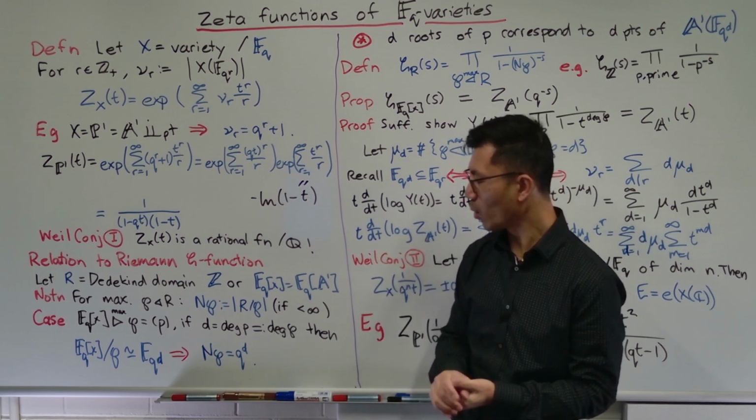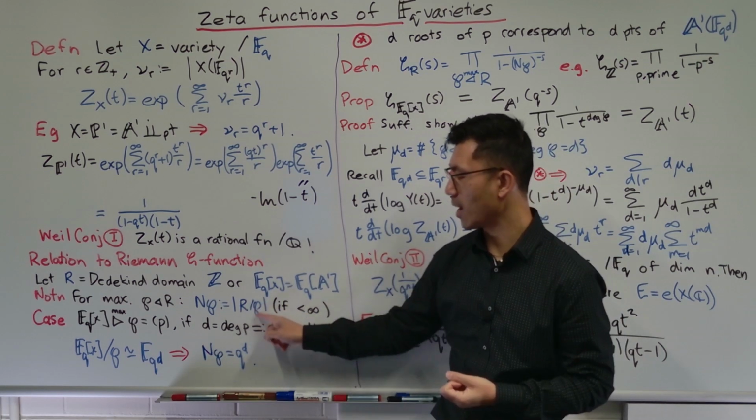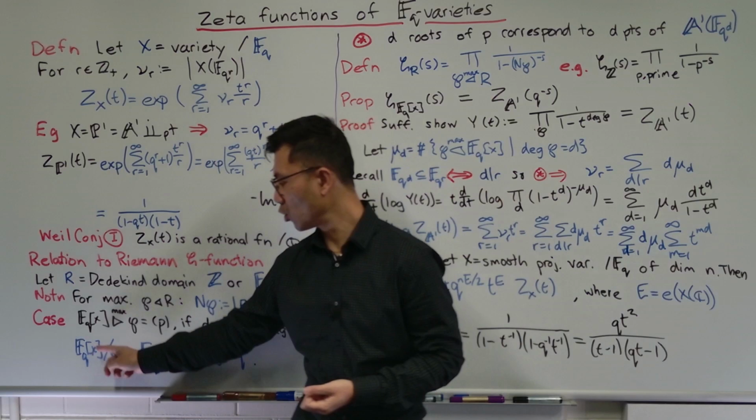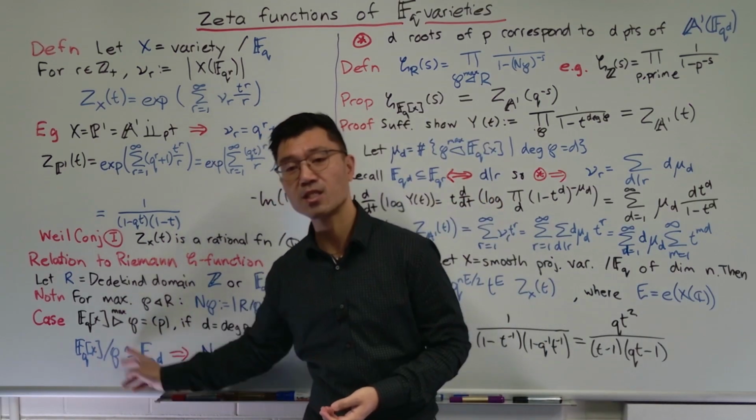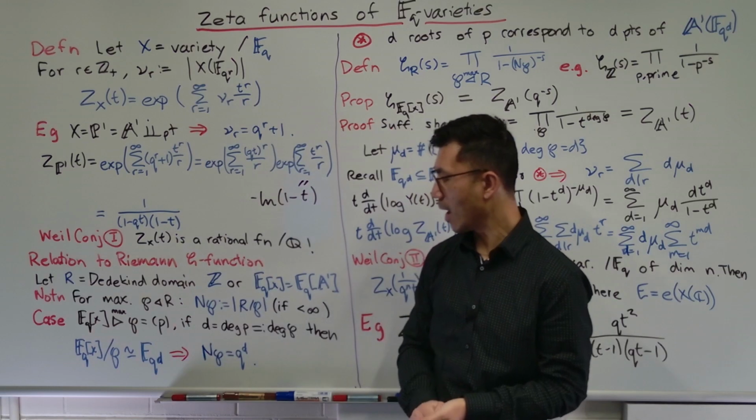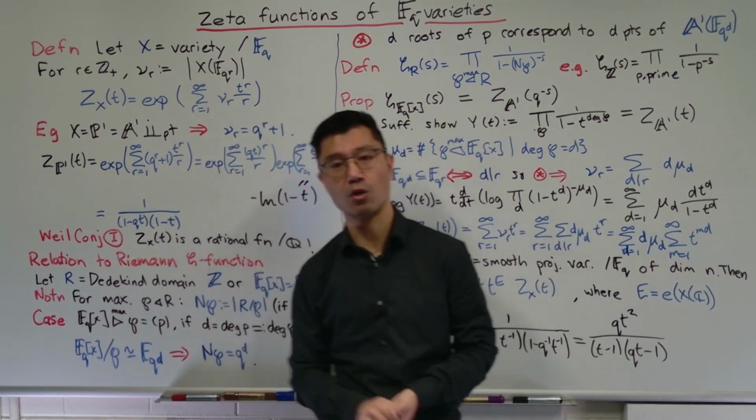Okay, so in this case, what happens if you look at this quotient here, R mod P? So F_q[x] mod P. This is a maximal ideal, right? So this has to be a field, and it's going to be a field extension of F_q.